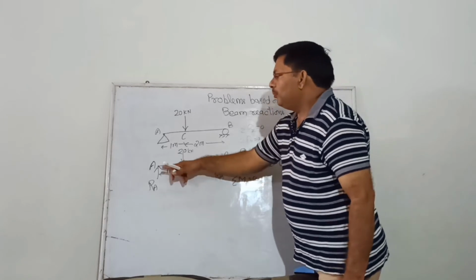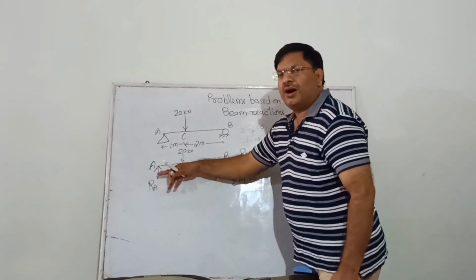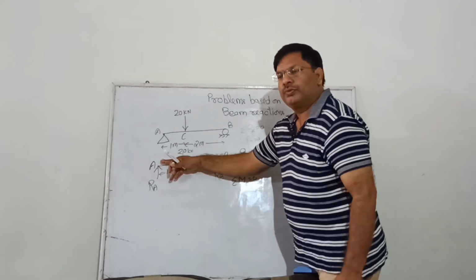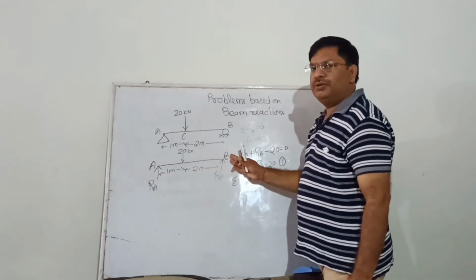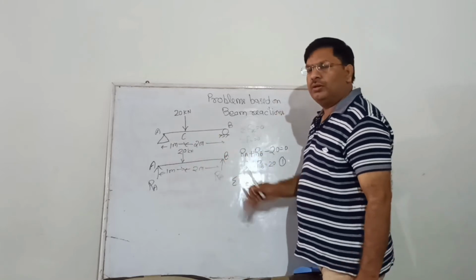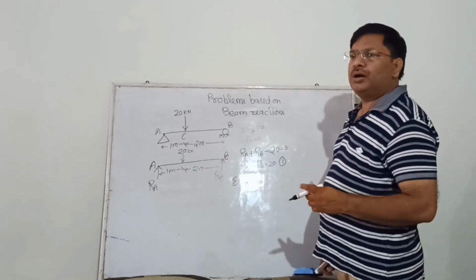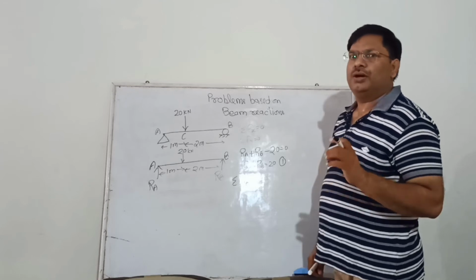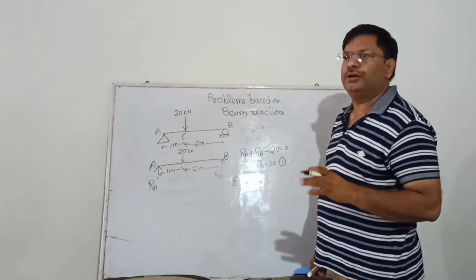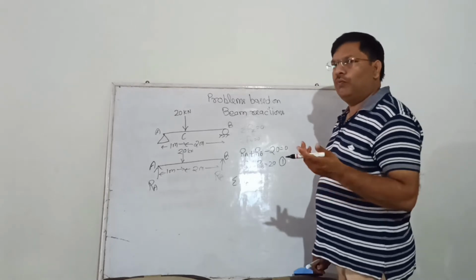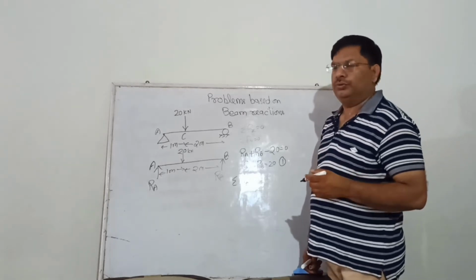When we take the moment about A point, the moment of RA will become 0. Or if we take the moment about B point, then the moment of RB will be 0 and we will get the value of RA. So we try to take the moment about those points at which we are having the maximum number of unknowns, so that those unknowns can be eliminated and the value of one reaction can be found out.